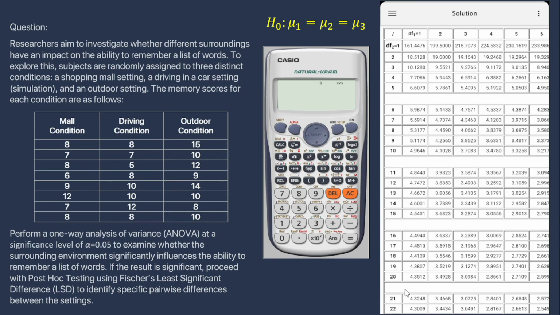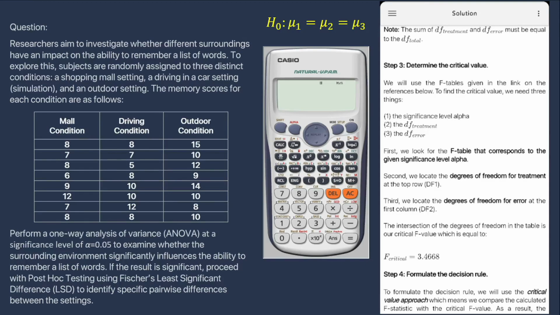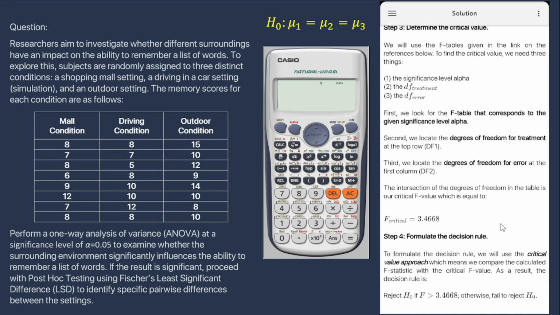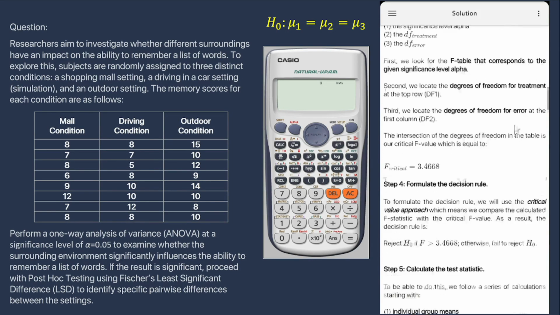We have df equal to 21 in this particular row, and the intersection between this location and this location will be the critical F value, which is equal to 3.4668. We see that the critical F value is 3.4668.